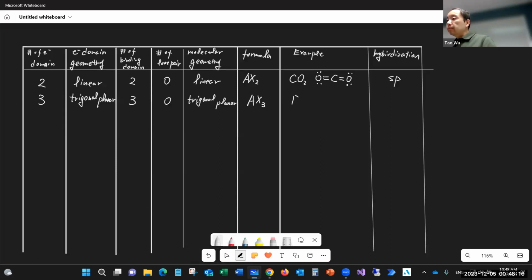Boron trifluoride has one boron in the middle and a fluorine on each side. So every time I write boron trifluoride, I like to write a structure like this. This is the Lewis structure, but it also follows the exact shape of boron trifluoride. The hybridization for the boron is sp2 hybridization. Here the hybridization we talk about is always for the central atom.